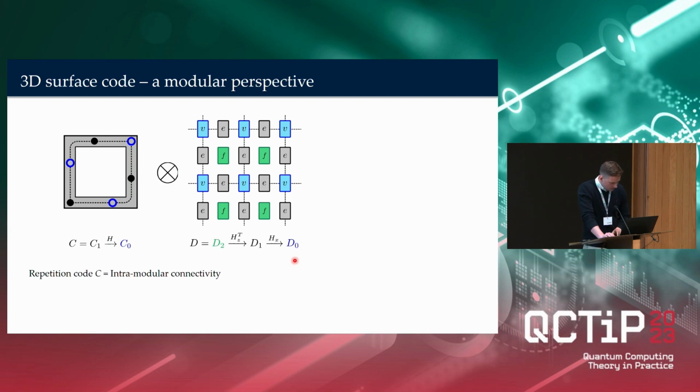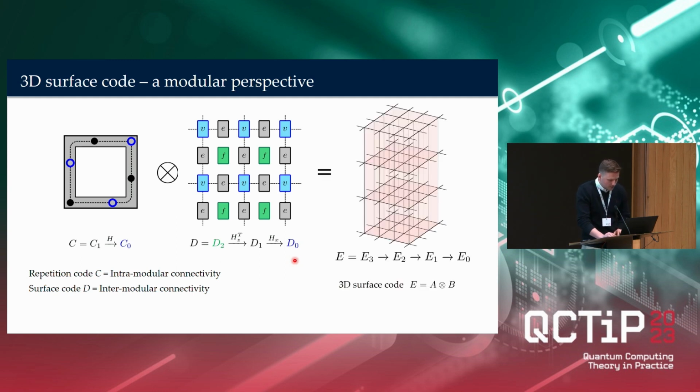You can formulate it fully in terms of modules, where the code inside the module represents the intramodular connectivity, and the layout of the modules is the intermodular connectivity, represented by some other code. So if you take a tensor product of these two codes, we obtain this 3-dimensional surface code.